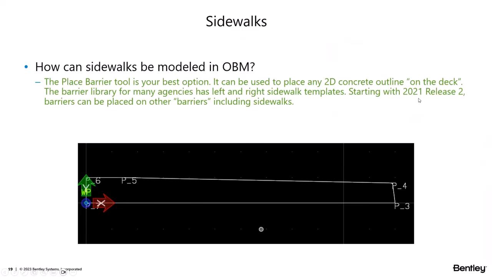Now, starting in the 2021 release 2, we can place barriers on the sidewalk as well, on another barrier, right? So you can use the barrier tool to place this, and then you could turn around and place a barrier, let's say out here, relative to points 5 or 6 on this particular barrier. In the newest version, we can also place barriers on wing walls as well.